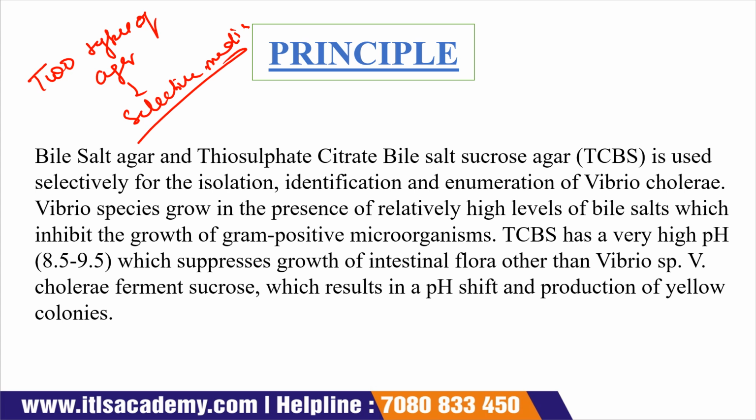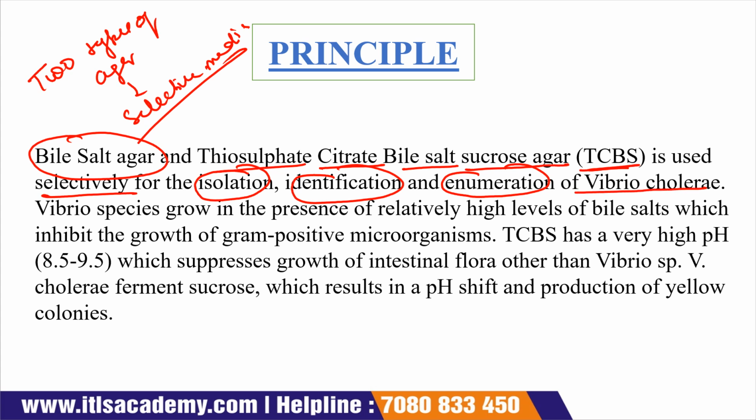So the two types of agar are bile salt agar and thiosulfate citrate bile salt sucrose agar, also known as TCBS. They are used selectively for the isolation, identification, and enumeration of Vibrio cholerae.